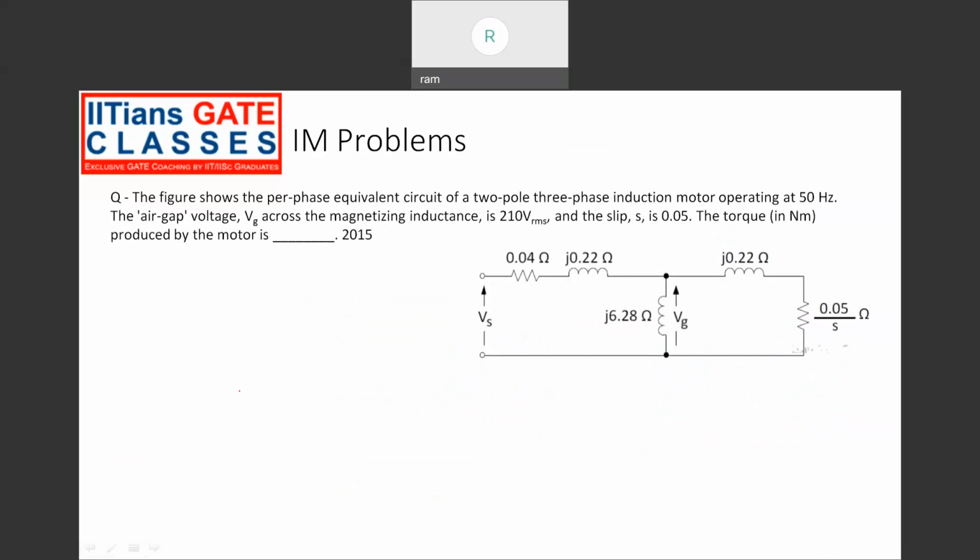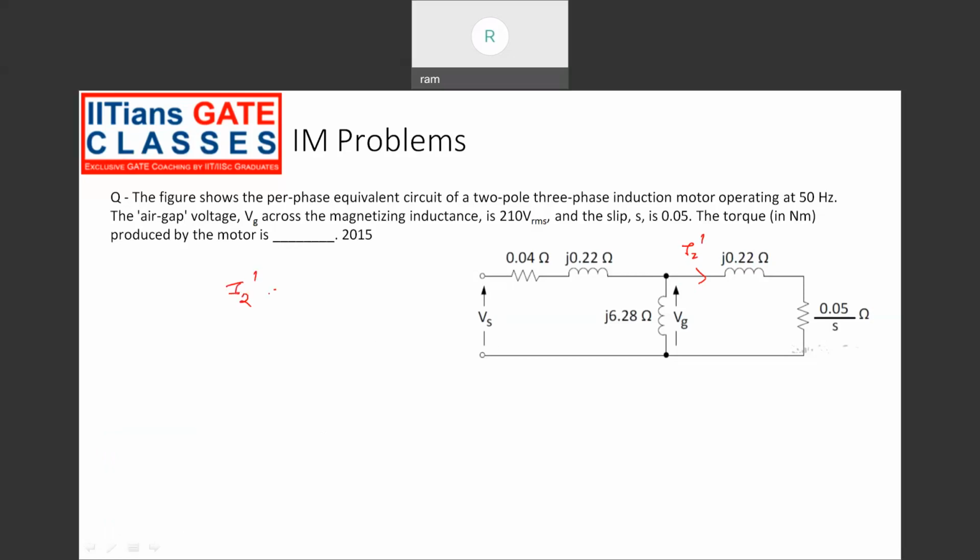The per-phase equivalent circuit of a two-pole three-phase induction motor operating at 50 Hz. The air gap voltage across magnetizing inductance is 210 volts RMS, slip is 0.05. So now they're asking us to find out the torque produced by the motor. Let's say this current is I2 dash.